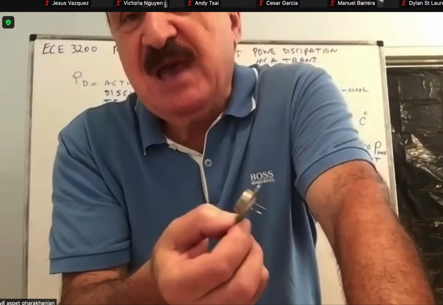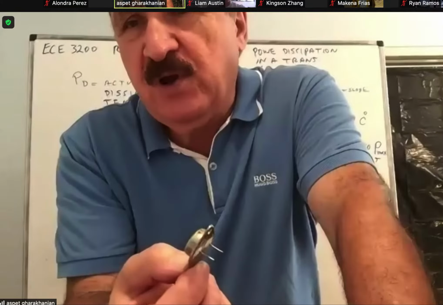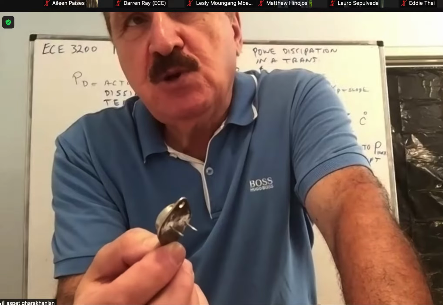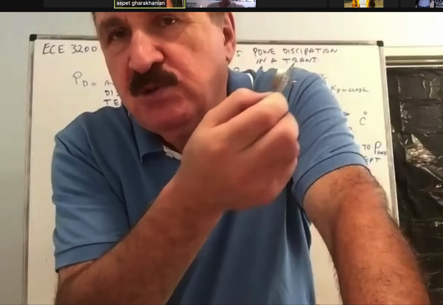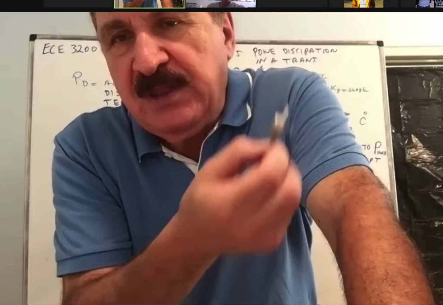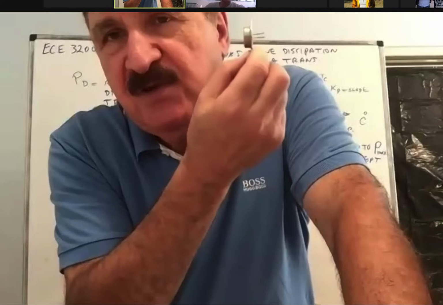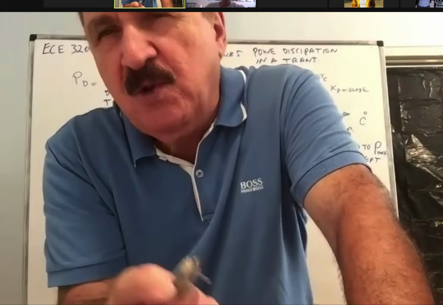In the previous example, review number 1, if you recall, I showed you a voltage regulator. I showed you a transistor buffer in the output. And I showed you that the collector voltage is about 10, 11 volt. Emitter voltage is about 5 or so.